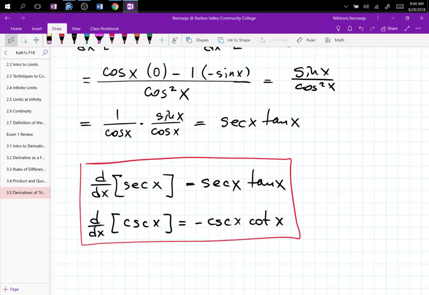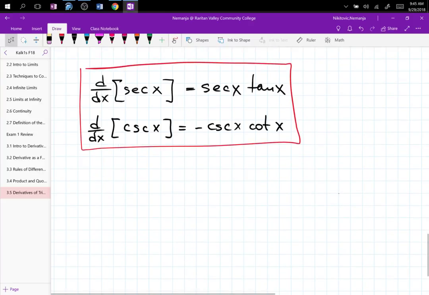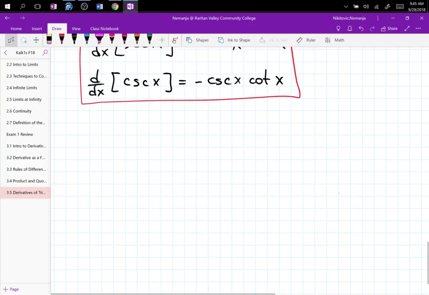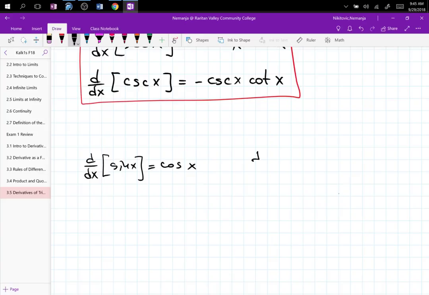What I'm going to do now is put all 6 of these in one spot and put a big box around it, and then we'll see what are the ways to memorize these, because they have some symmetry that you can exploit. So the derivative of sine x is cosine x. The derivative of cosine x is negative sine x.